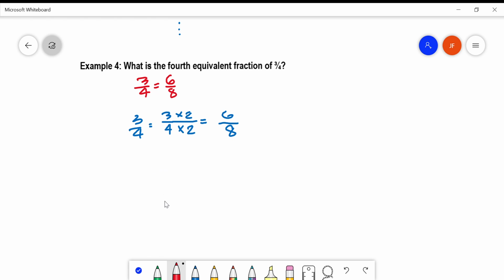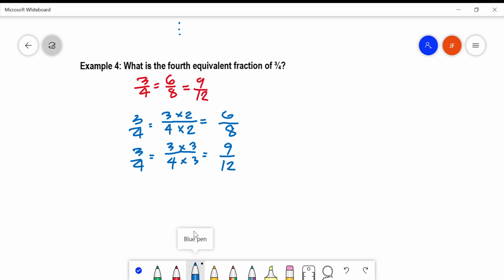Okay, continue. Okay, so we will use 3. 3 times 3 is 9. This is 12. Okay, so we have here 9 over 12.